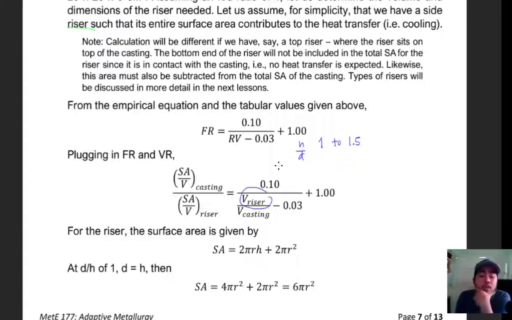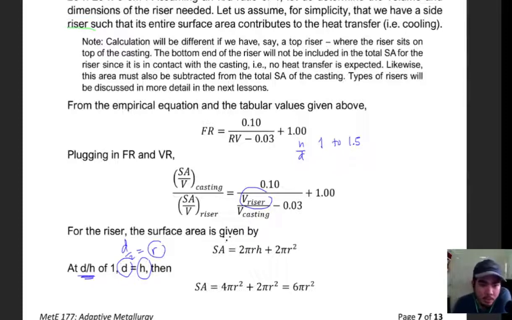So what we do is, since we know the D over H ratio, then we just input all of the values dito and express it as one term. So either we can express it as a D term, or pwede rin express natin as an H term. Or pwede rin express natin as an R term, no? Because R is just equal to D over 2.